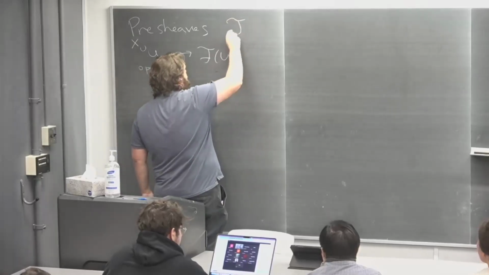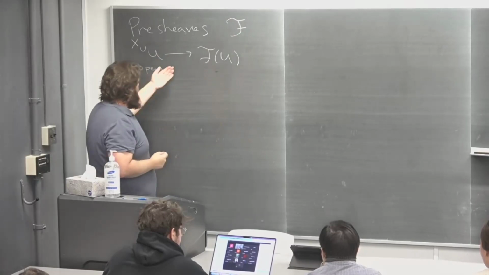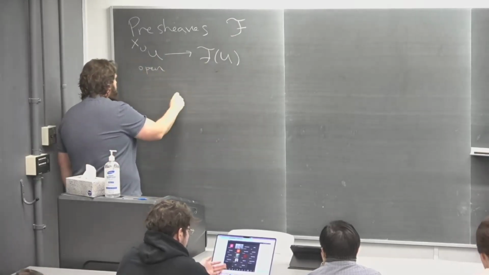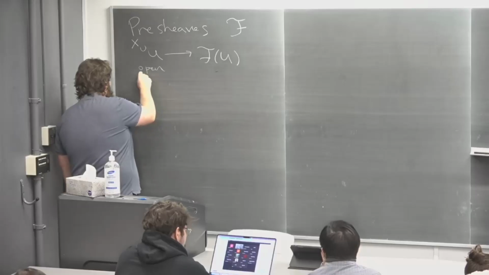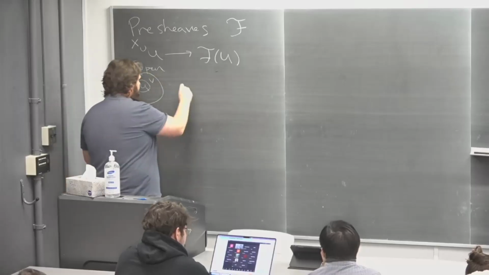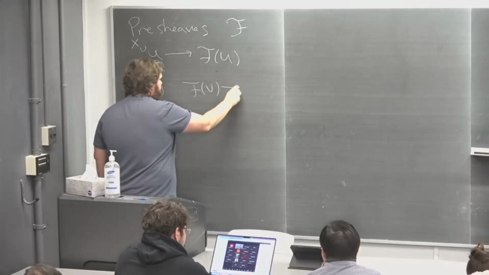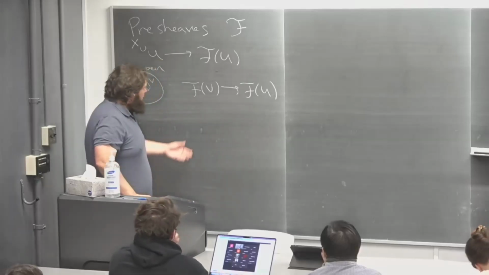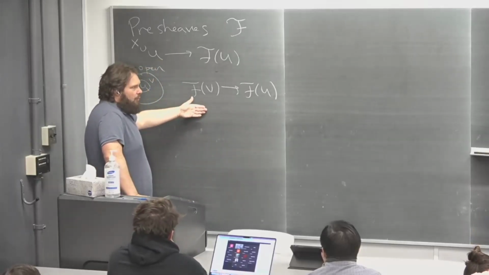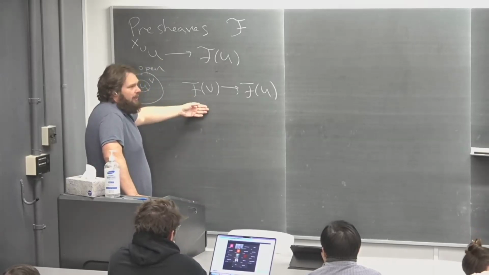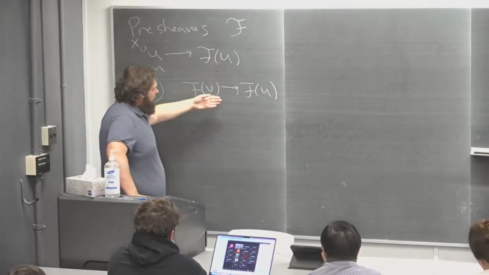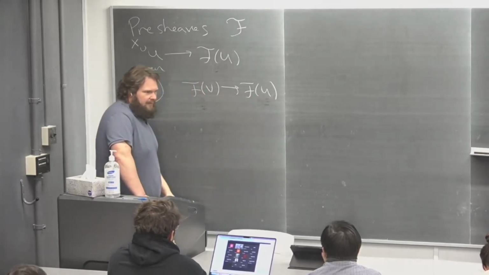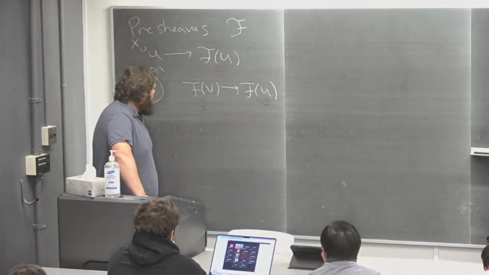So the pre-sheaf itself would be called F, and I have this assignment to open sets such that when I have an inclusion, so I have U and then I have a bigger open set V, I get a restriction map from V to U. So the rough idea is this would be some kind of functions which are specified by some kind of local condition, so that when I restrict, it would make sense to restrict them to a smaller open subset and they would satisfy the same conditions.